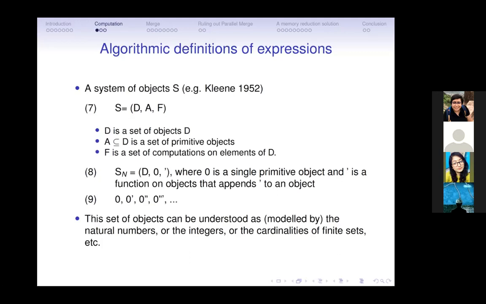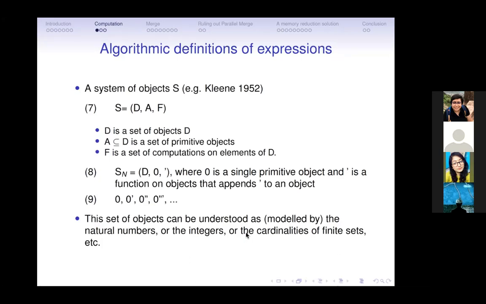So if we take a system of objects, some kind of abstract set of objects from a mathematical perspective, then you can see a system of objects as consisting of the objects, you need to generate those, and then some set of primitive objects, and then some set of computations which applies to the primitive objects to give you the objects, and then applies to the objects to give you more objects.